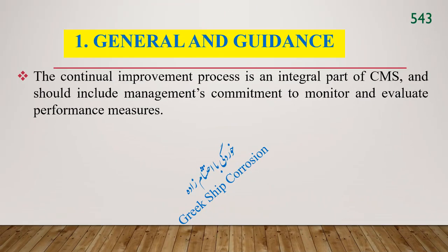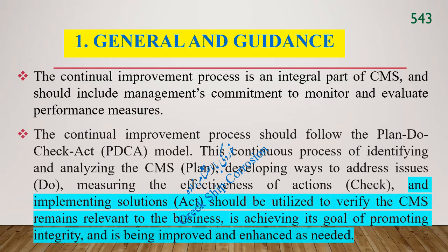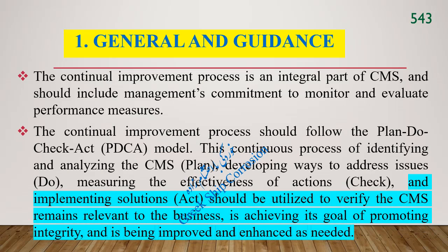The continual improvement process is an integral part of CMS and should include management's commitment to monitor and evaluate performance measures. The continual improvement process should follow the Plan, Do, Check, Act (PDCA) model.